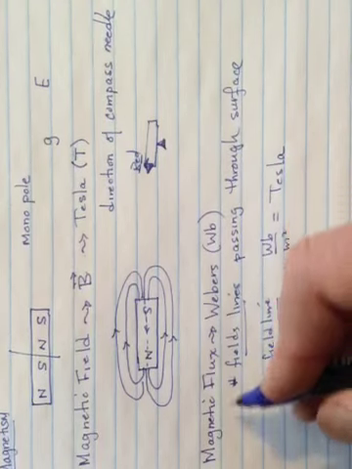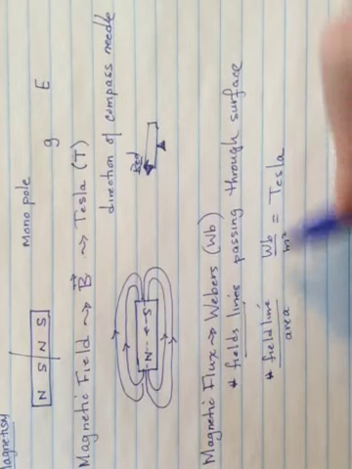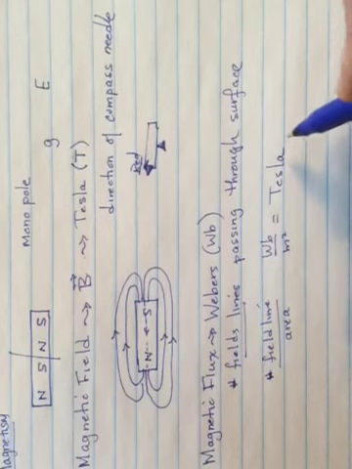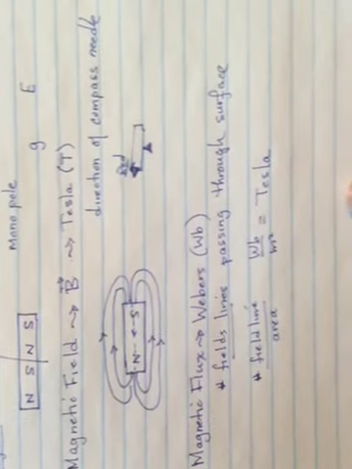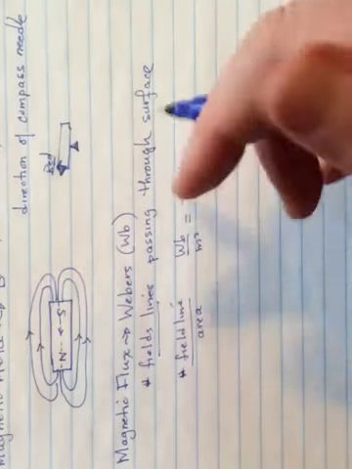So if you think of the Webers as the field lines passing through a surface or through an area, then you get Webers per meter squared, and that's what a Tesla is. We'll come back when we get to our second equation. I will show you more exactly what a Tesla is, but I don't want to ruin the surprise right now.